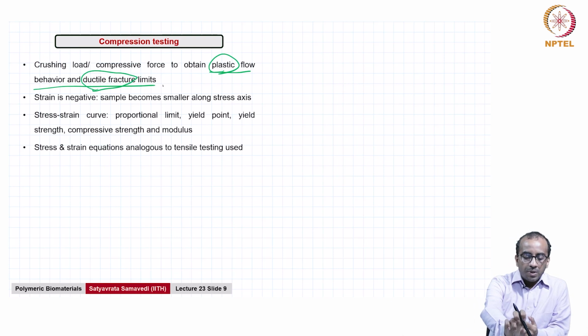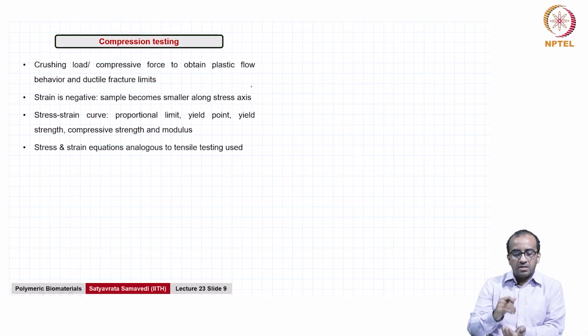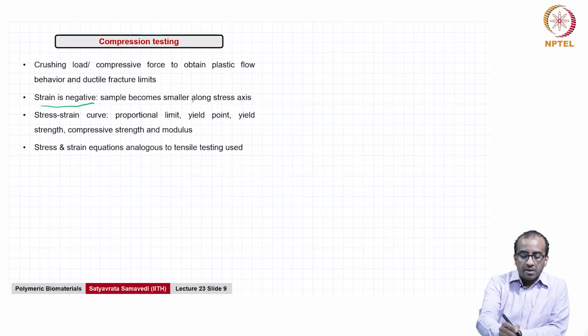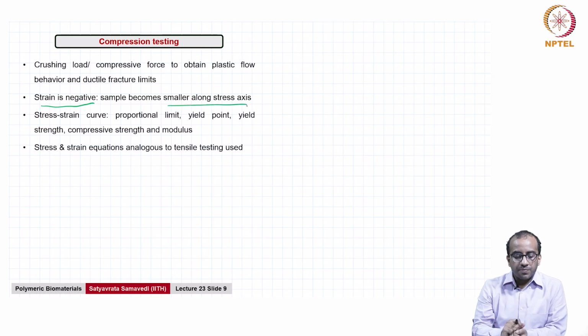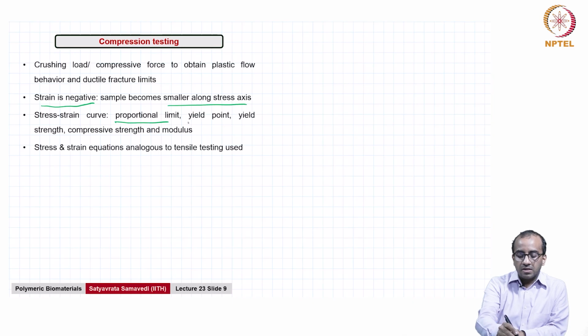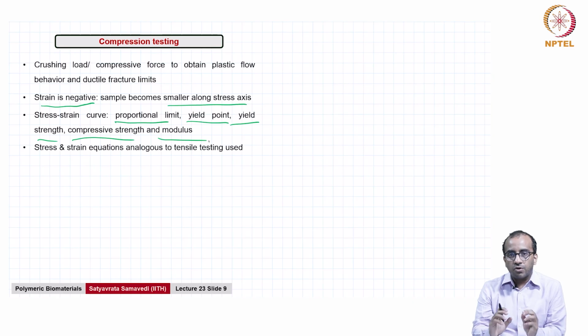And because you are compressing the material, strain is negative as opposed to pulling the material under tension. So, the sample actually becomes smaller along the stress axis. And analogous to the stress strain curve for tensile loading, you can define a proportional limit, a yield point, a yield strength, a compressive modulus. All of these things can be defined for compression testing quite well.